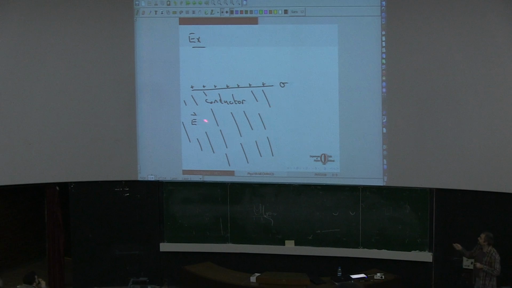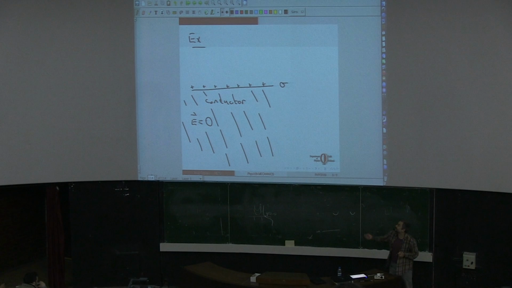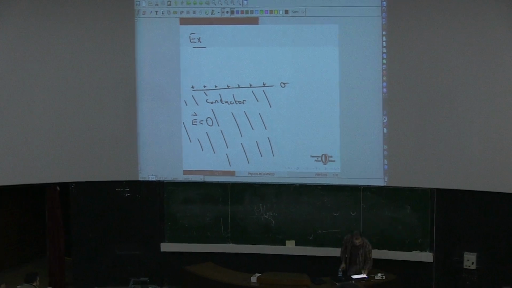What is the electric field inside the conductor? Come on, we just said it in the beginning of the last lecture. It's 0. Of course, the electric field outside the conductor won't be 0.